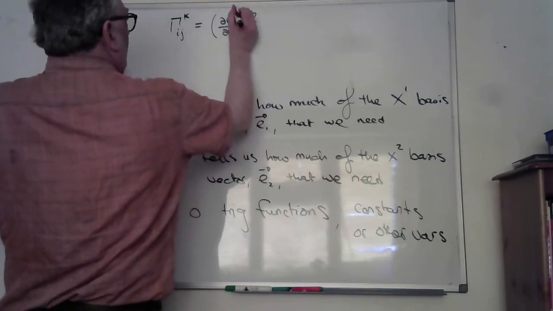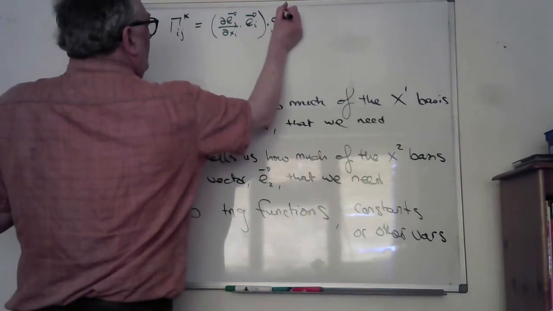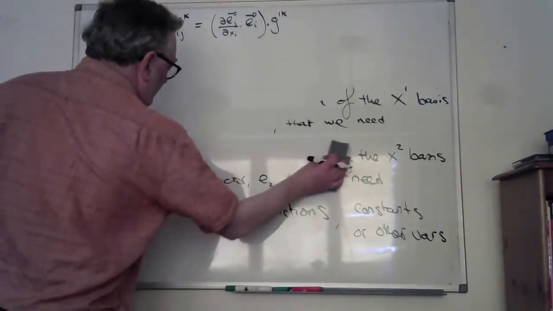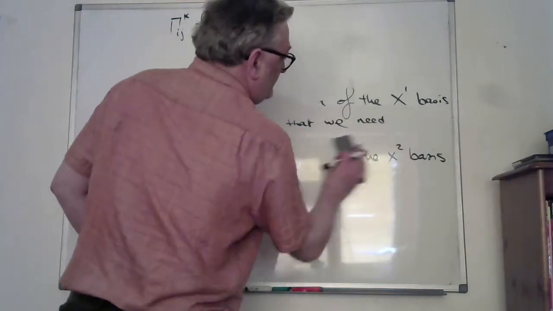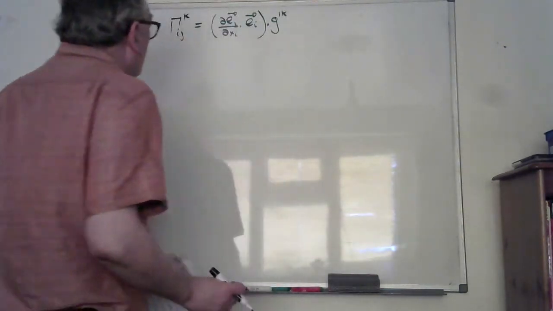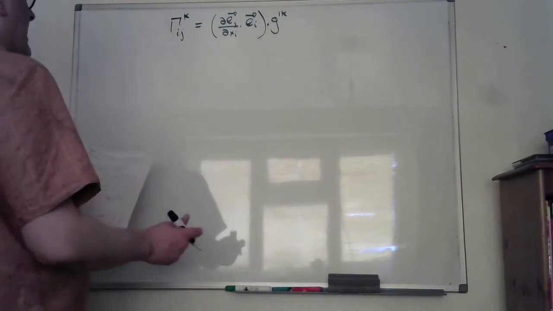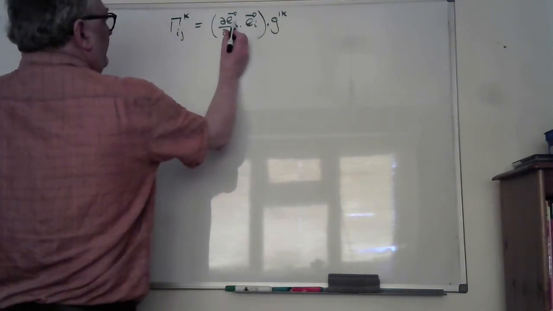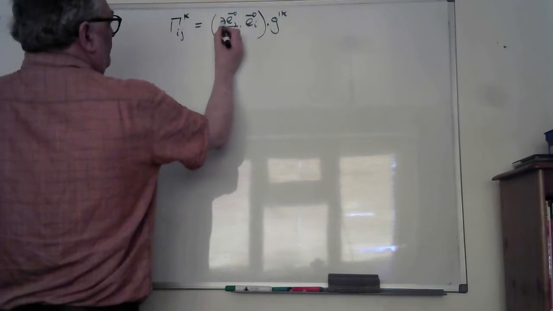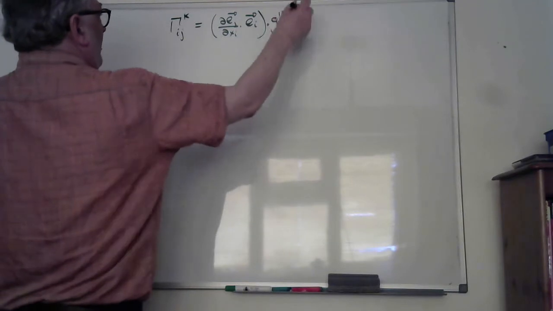E sub i, because these are basis vectors, dot g^lk. Right, and that's the expression that we use to find the nature of the Christoffel symbols, whether they are zero, constant, or trigonometric, or variable in some other way. So the partial derivative of Ej with respect to the partial derivative of x sub i, dotted with E sub i, and then you multiply by the g^lk.